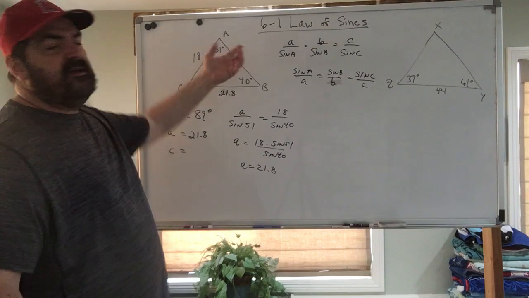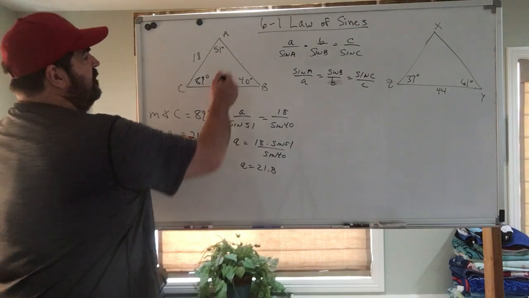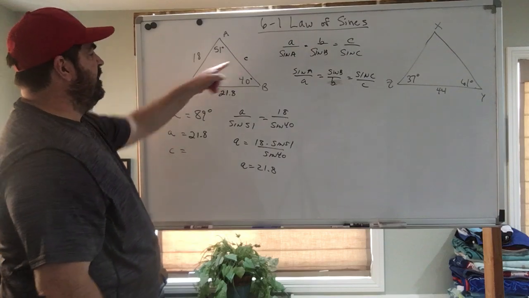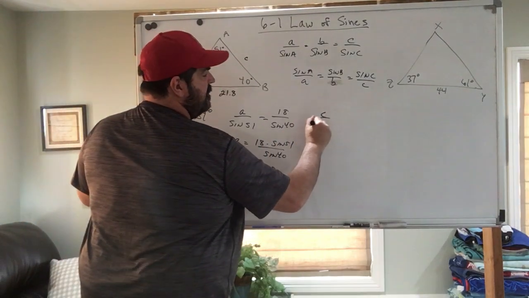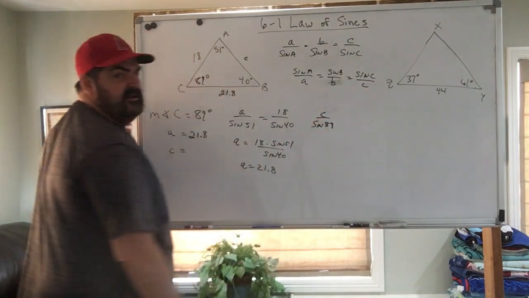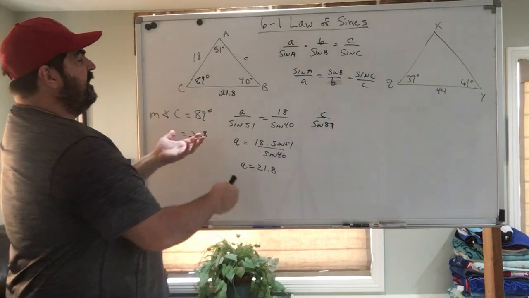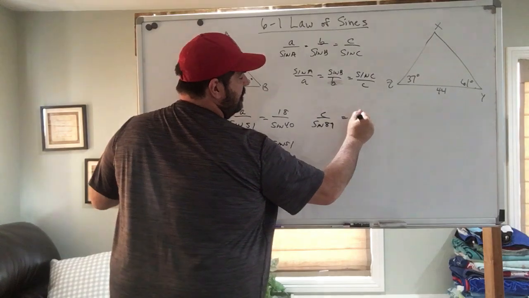So to find the third side, I have to do law of sines again. The side across angle C is called side C. So C over sine of 89. I put the side over the sine of the angle across from it. And again, I can use the 18 and 40.